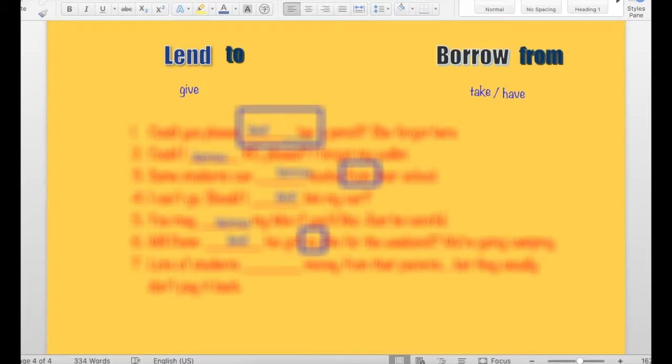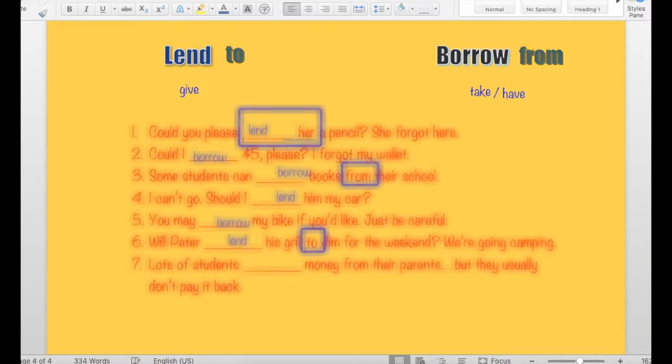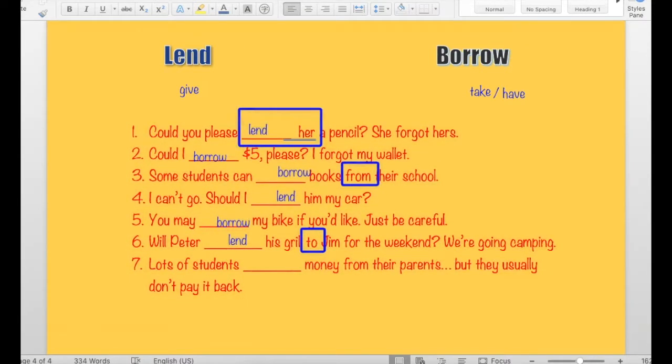Borrow your pencil from the teacher. Lend your pencil to your classmate. To is a key word for lend. Remember that. And number 7. Lots of students borrow money from their parents, but they usually don't pay it back.